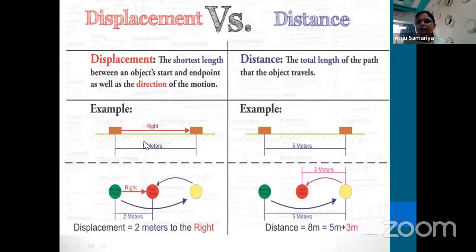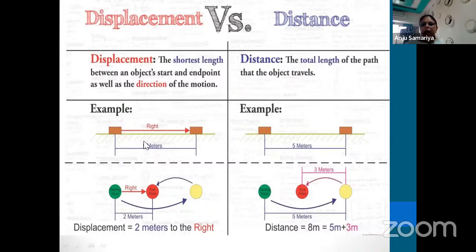For example, if I move a distance of 8 meters north, and then I move a distance of 2 meters west, then my total distance is 10 meters without any direction. So that is the actual path traveled. So that is the distance. It's the actual path. Okay.